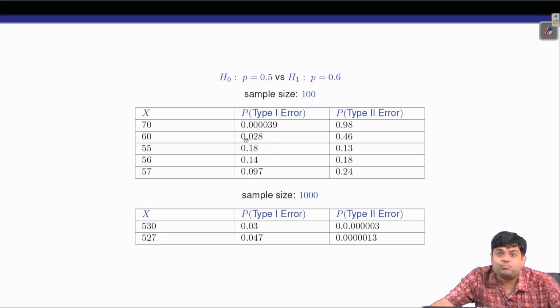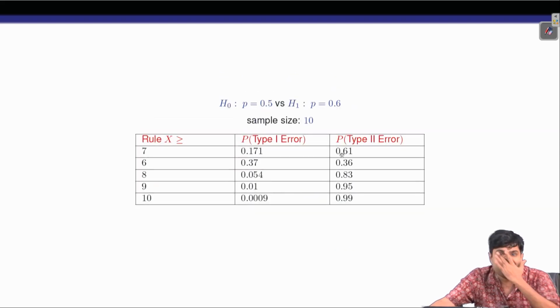If you want to reduce type 2 error, of course, you have to increase the rejection region, make it 60. Type 1 error increases, type 2 error comes down. At 55, type 1 error increases more, type 2 error also increases to 0.113. Now, if you compare this with this, greater than or equal to 7 gave you type 1 error 0.171 and type 2 error 0.61.